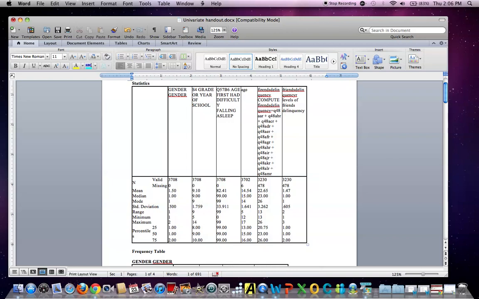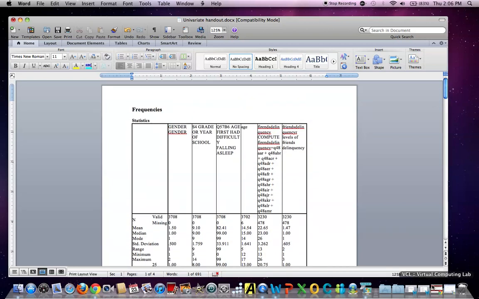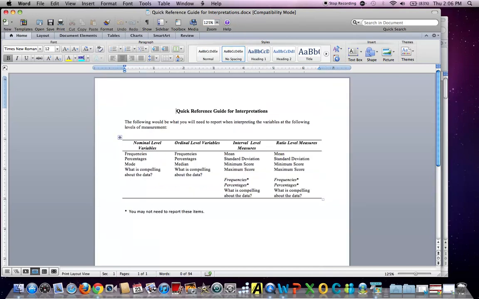For that reason, the appropriate measures of central tendency, and let me pull this into your quick reference guide for interpretations, and these things that I'm using today are all loaded on your Blackboard site so that you can see. For nominal level measures, for interpreting univariate outputs, we would interpret the frequencies, the percentages, the mode, and then you want to say what is compelling about the data.